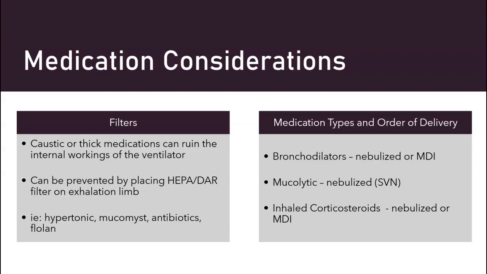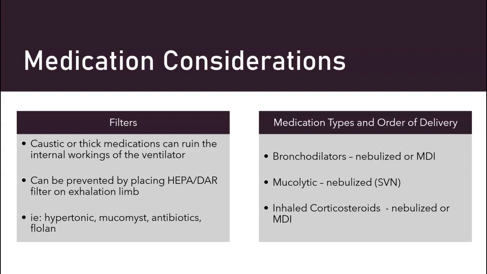Flolan, which treats pulmonary hypertension, you'll also hear it called epoprostenol. These can get in. So if you're ever wondering, throw a filter in line if it's going to mess up your vent. That way it's not going to hurt your vent.